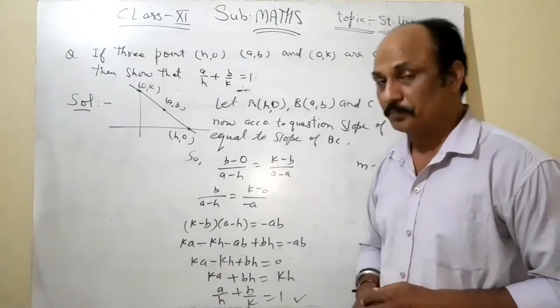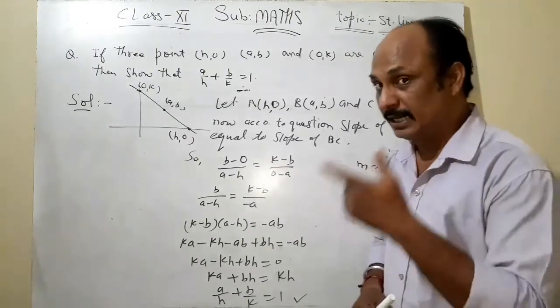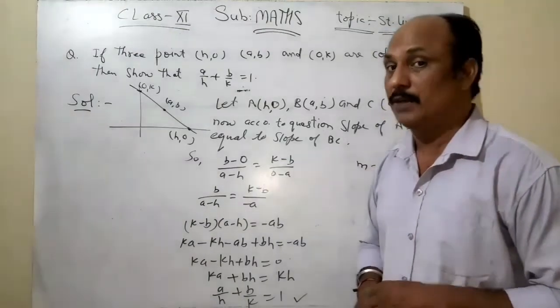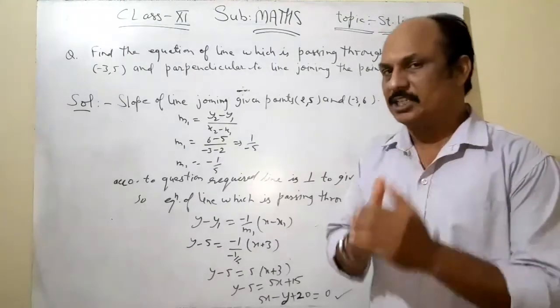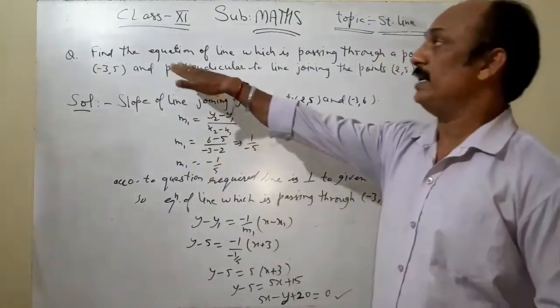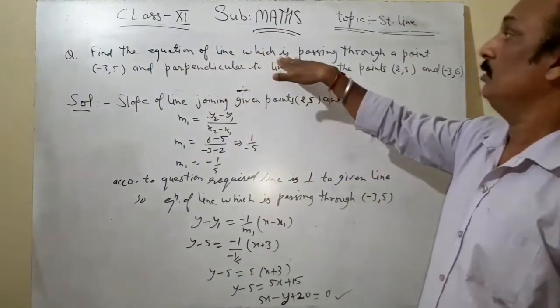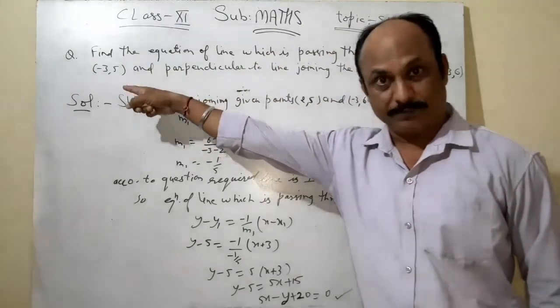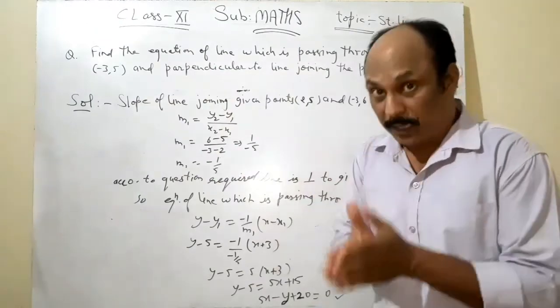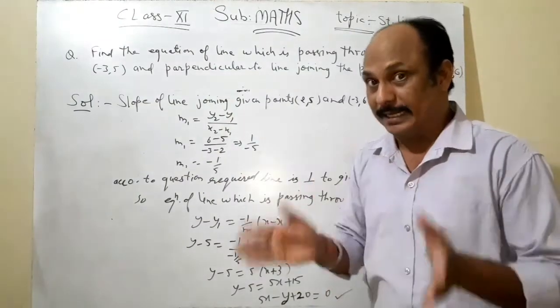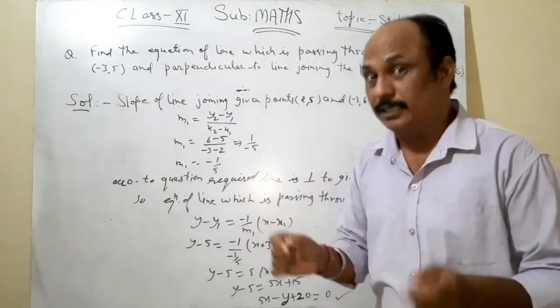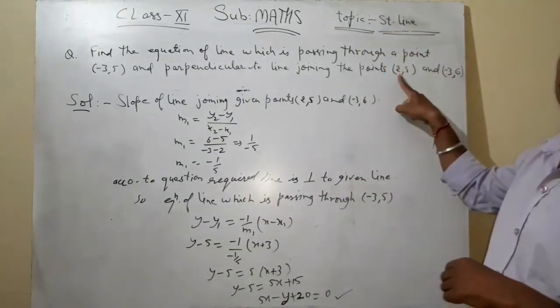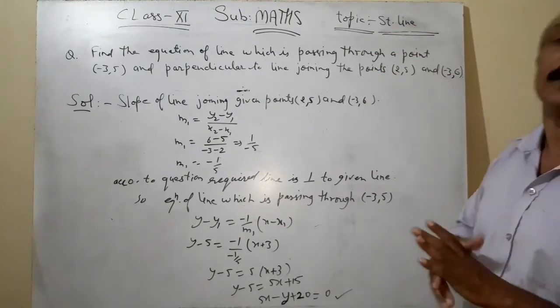ओके देन बेटा? यस. Now I am taking another important question of our NCERT book. Our next question is, find the equation of line which is passing through a given point -3,5 and perpendicular to a line which is joining 2 points 2,5 and -3,6.